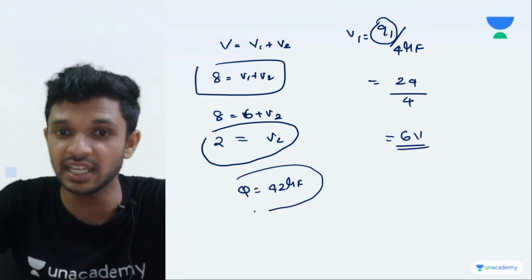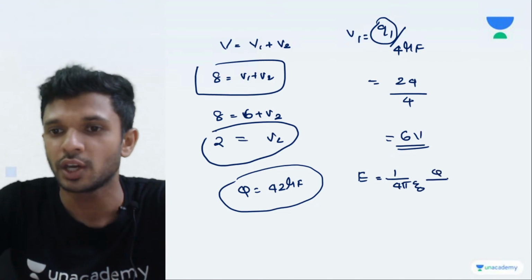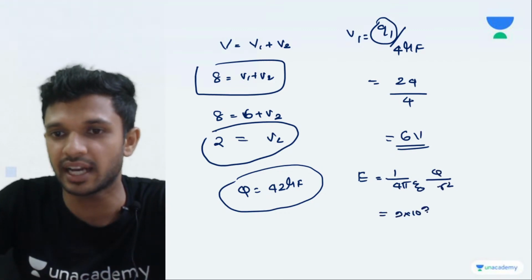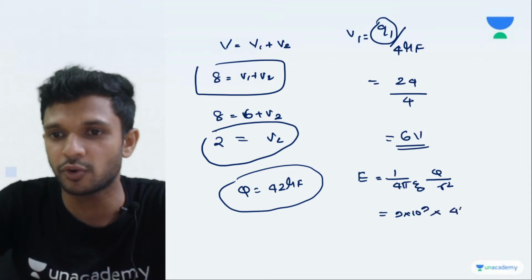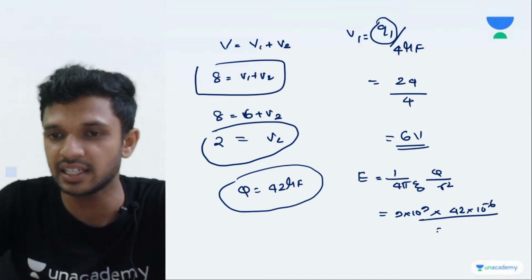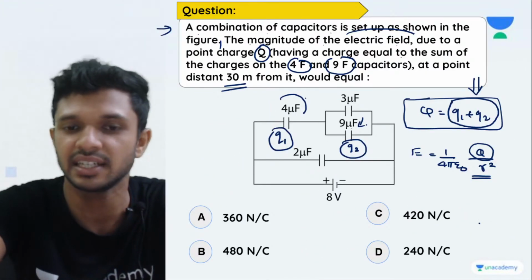And what was the very last question? The final question was to find out the electric field. 1 by 4 pi epsilon 0, Q by R square. That is 9 into 10 power 9. Charge is 42 into 10 power minus 6. And R is 30, right? 30 square. So let us recheck again. Is R 30? Yes.